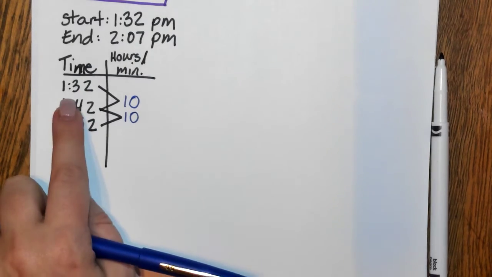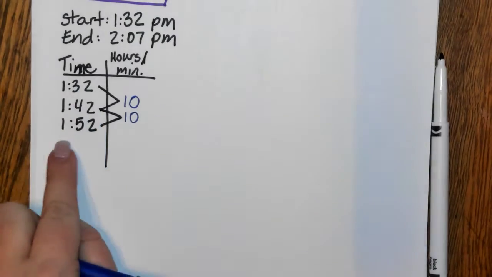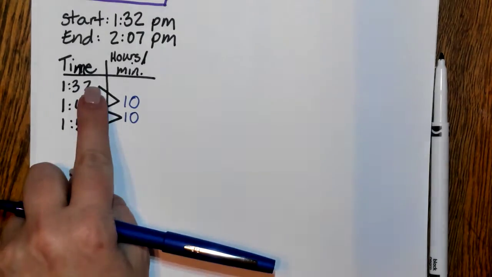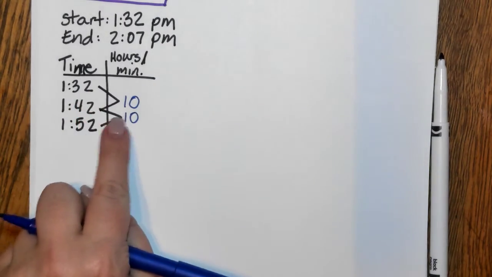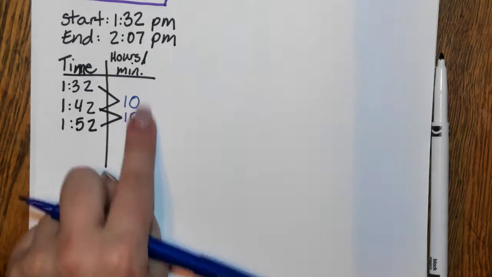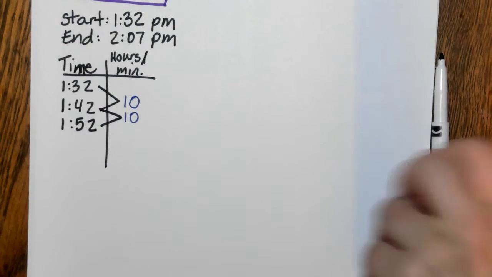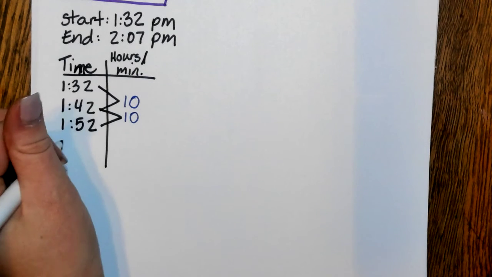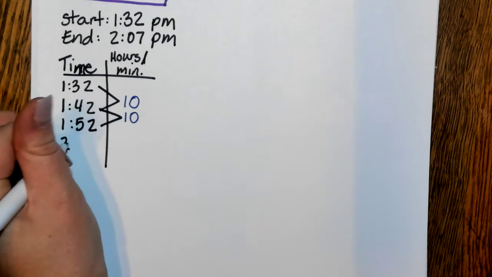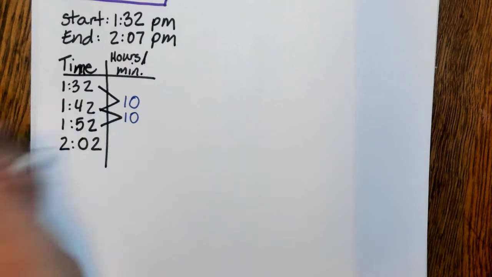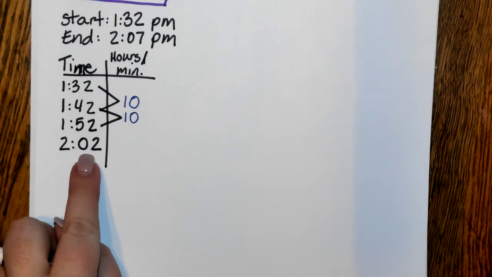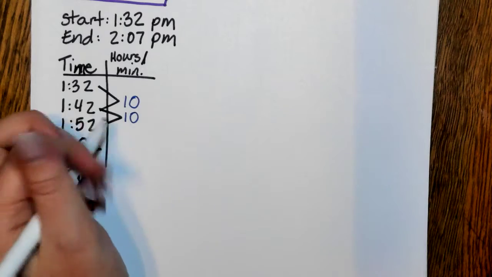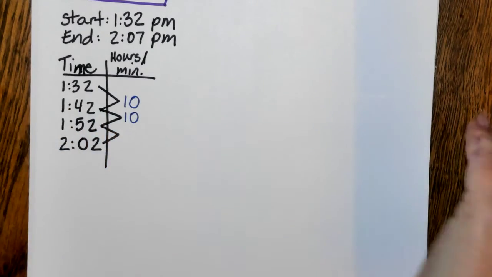So in all, I've gone from 1:32 to 1:52, and that was 10, making 20 minutes. Now I'm going to go to 2:02. I've crossed that hour and I've gone 10 more minutes.